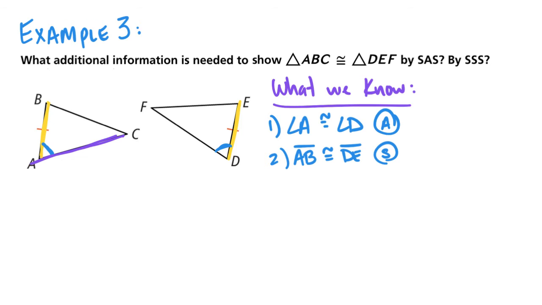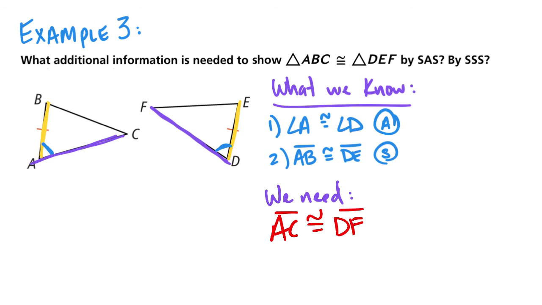Segment AC is going to have to be congruent to segment FD. So my answer will be that we need segment AC congruent to segment DF. That would give us SAS, all right? So that would be the SAS answer.